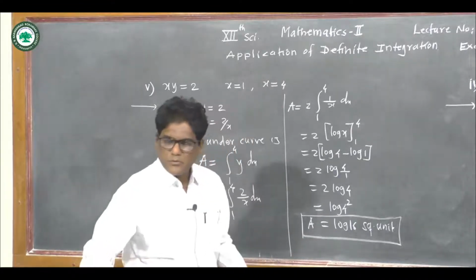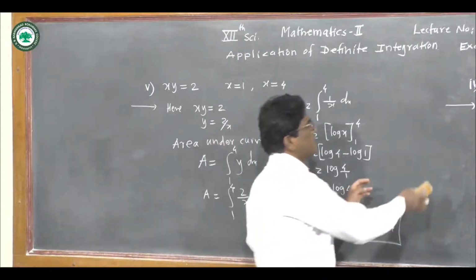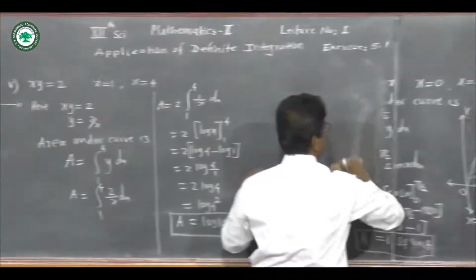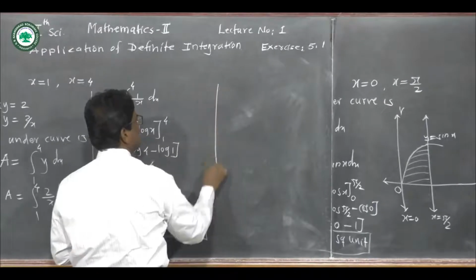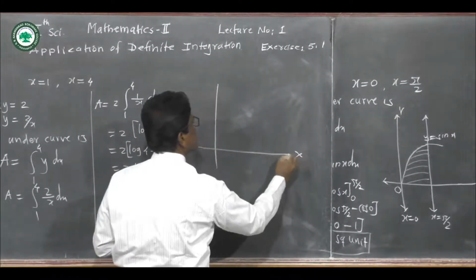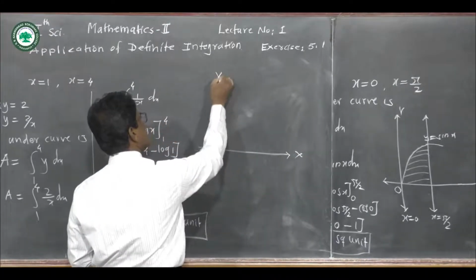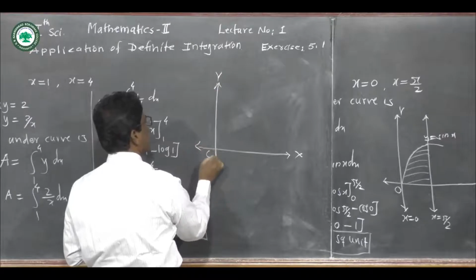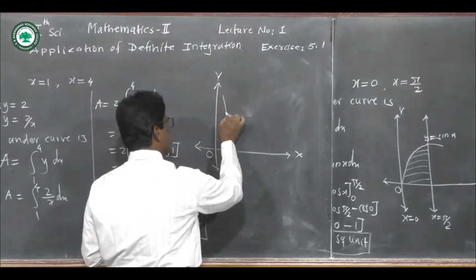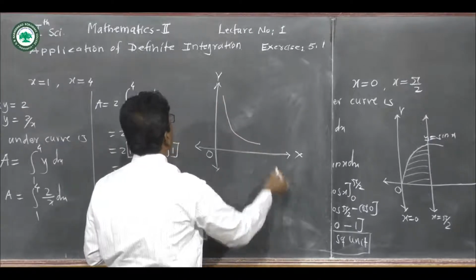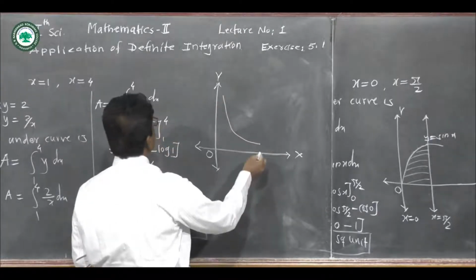Now here if we want to draw the figure of this 1 upon x, that is the reciprocal. So x axis, y axis intersecting at origin, and here this is the curve like this, y is equal to 1 upon x.